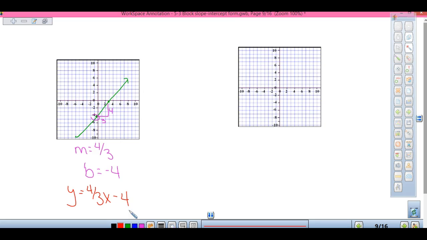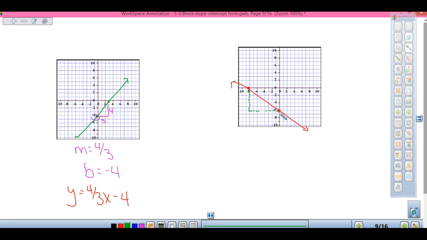Okay, so this one I'm going to go through negative 8 on the x-axis and negative 6 on the y-axis. I'll extend it a little bit. Negative 8 and negative 6.